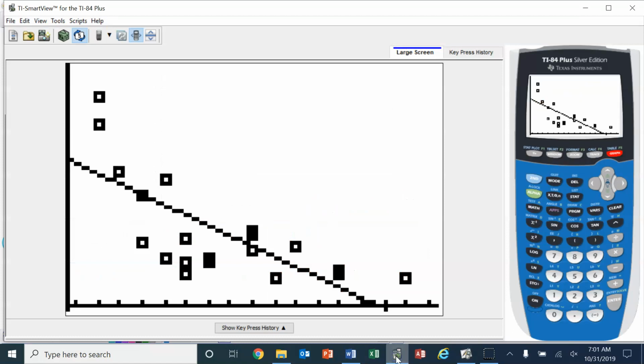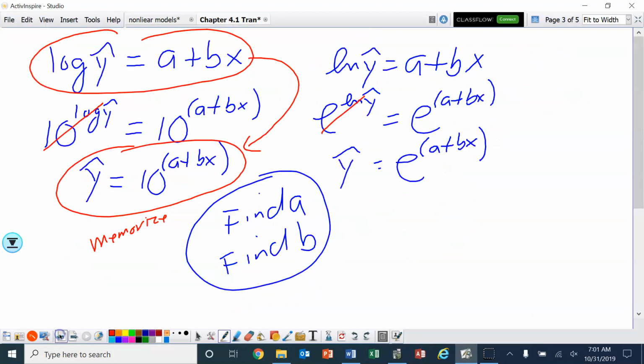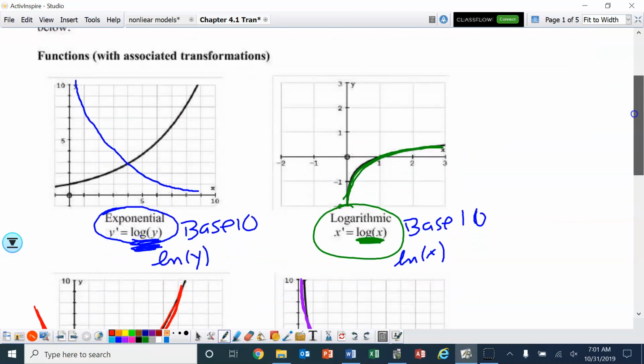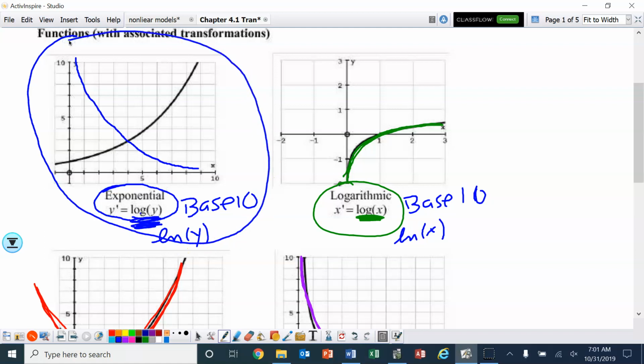So it's curving down. Well, if we look at the paper, this paper here, go back to our pictures, it looks like we're going to try this one because it's curving down.